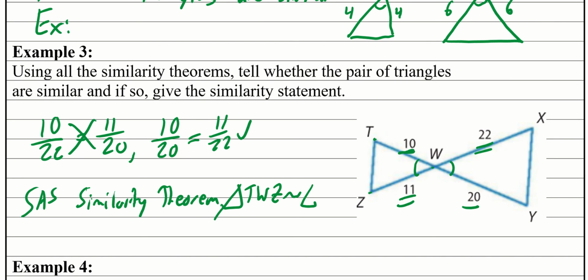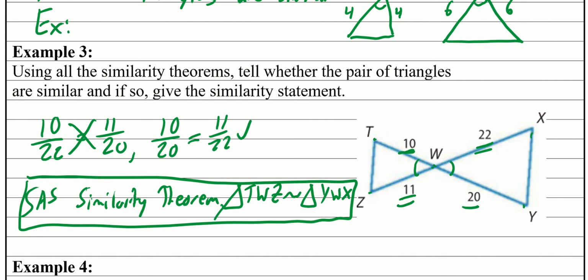And I'm going to say that's similar to triangle. And remember, I don't want to say XWY, as if it was being reflected, but I want to go in the opposite order. I want to go YWX because it is as if it's being rotated around. So that Y and T are corresponding, W and W are corresponding, and then same thing with Z and X. Okay, and this would be my final answer here.